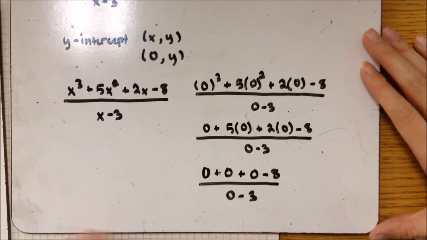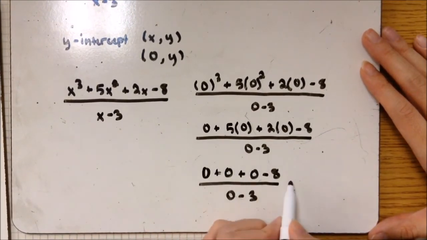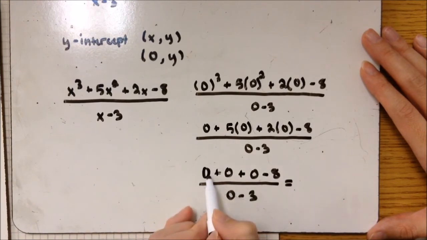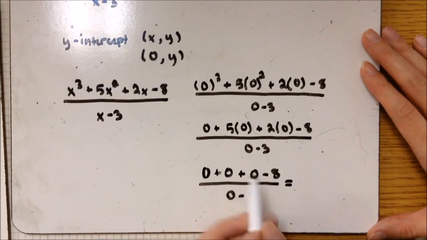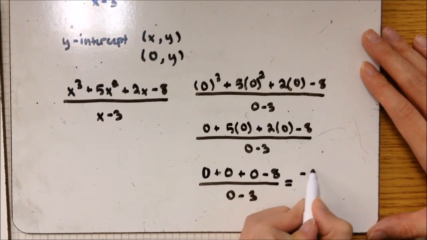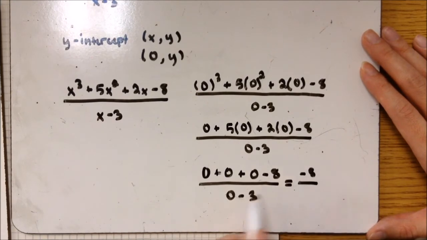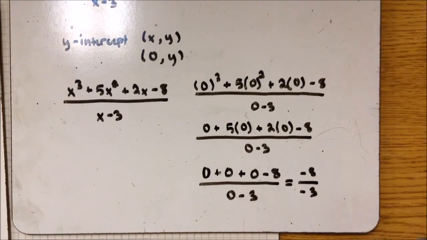Now, all we do is focus on the top. 0 plus 0 plus 0 minus 8 is just negative 8, over 0 minus 3, which is just negative 3. Alright, so here's our y-intercept, basically negative 8 divided by negative 3. That means it's a fraction, so we can convert it into a decimal value.